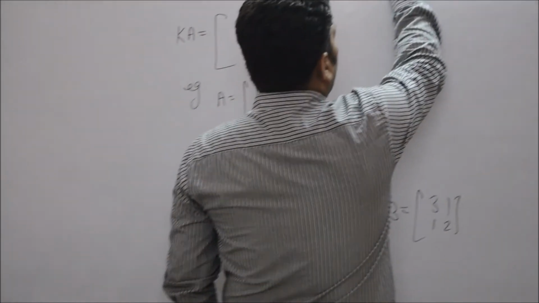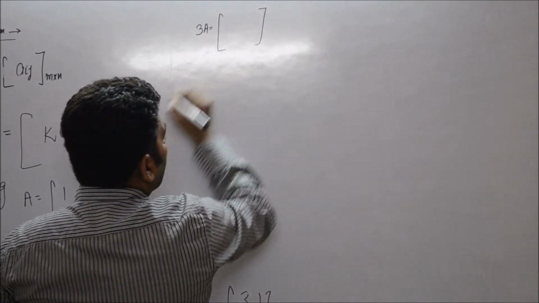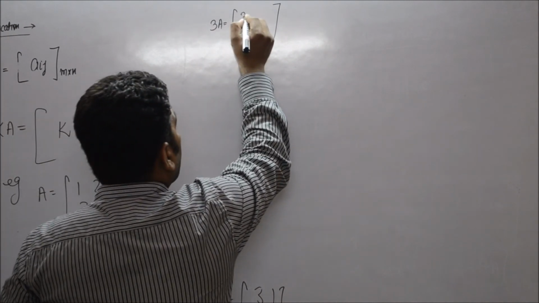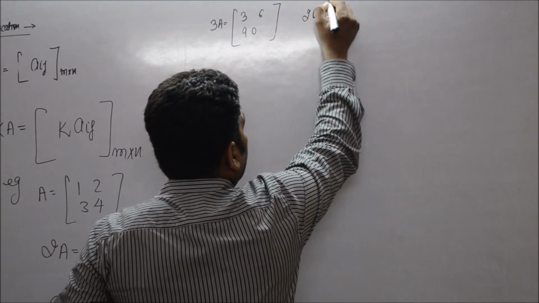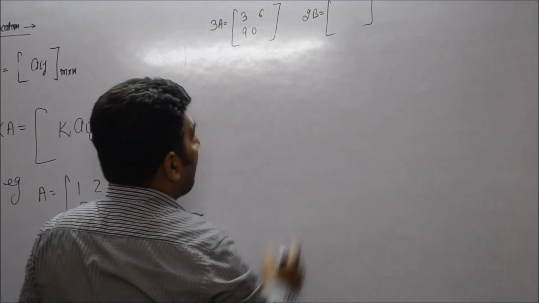Now in order to find 3A minus 2B, I need to find 3A first and 2B. 3A means thrice of this, so it's 3, 6, 9 and 0. If I find 2B, then it is twice of B and it will be 6, 2, 2 and 4.